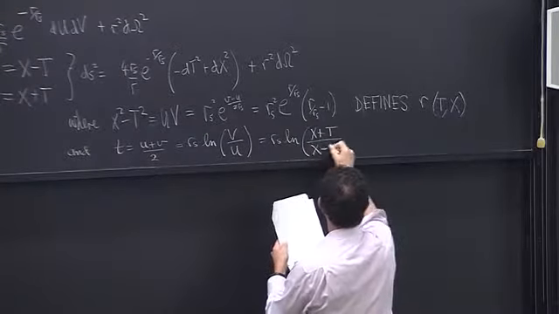And the solution is only valid, so it's singular, and it's only valid for r bigger than 0, i.e. t squared minus x squared.